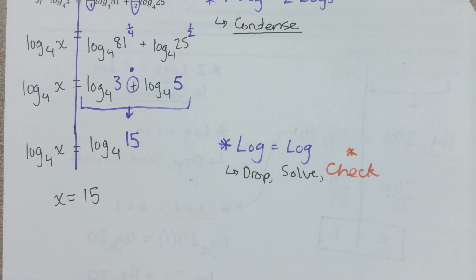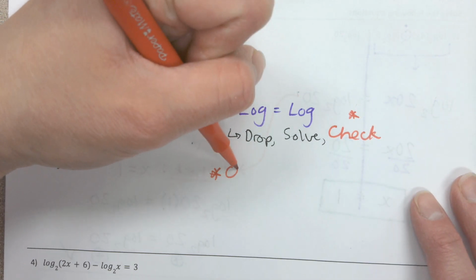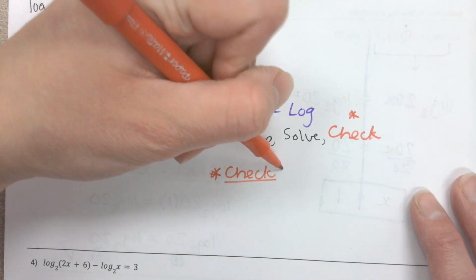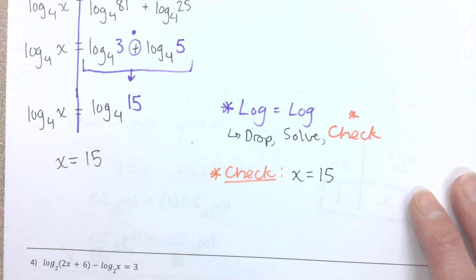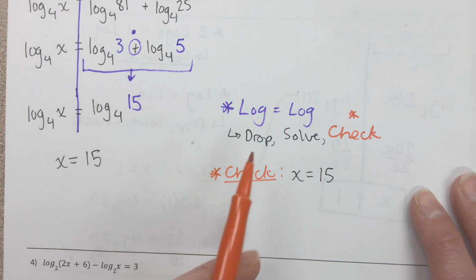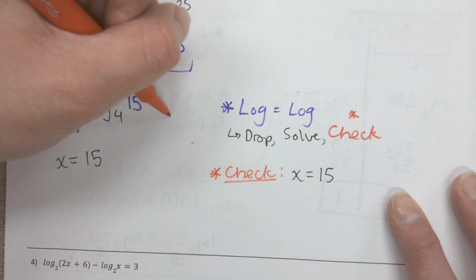Meaning we don't actually have to solve anything. So then we do our check. We're checking that x is indeed 15. And again, we're checking from where we got to log equals log before we dropped. So right here.